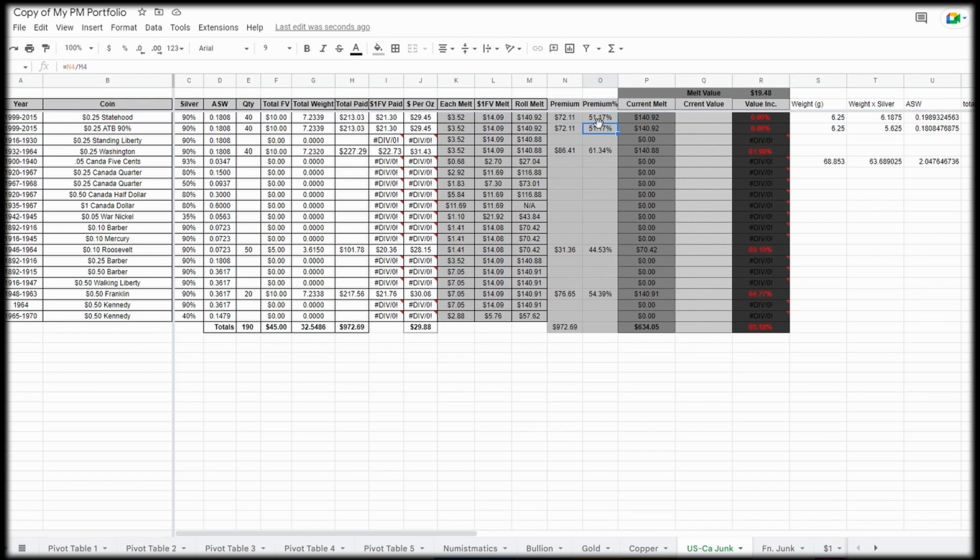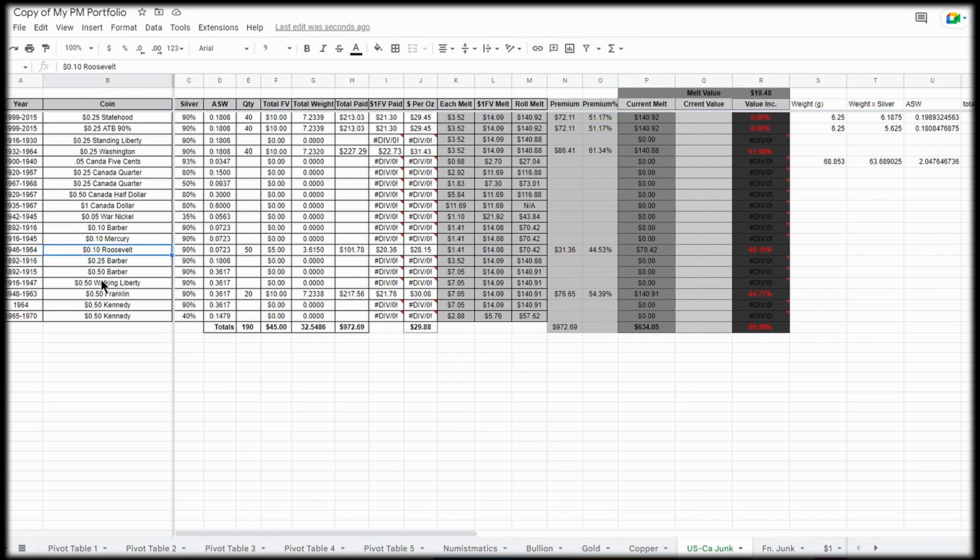But at the same time, if you were to sell that back to the dealer or coin shop, most likely you may get above the melt price. So instead of 140, you may get 160, you may even get 170 for it, which makes our premium even less. Anyway, the point here is to be mindful of how much we're paying in premium.